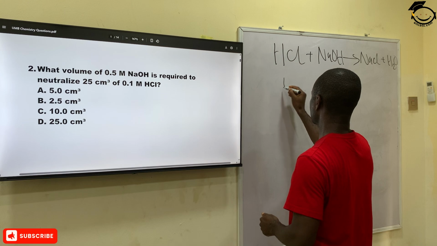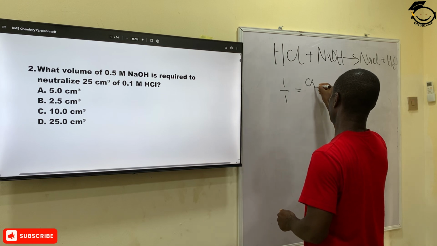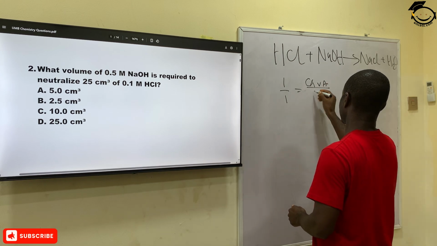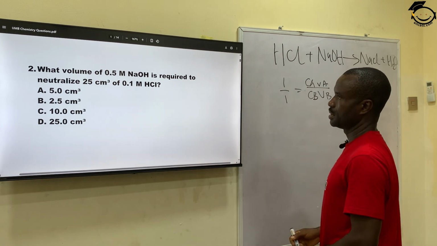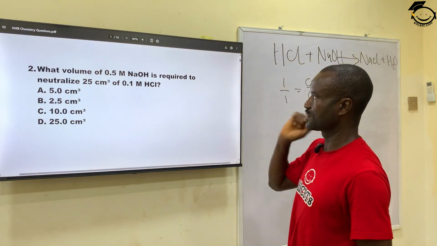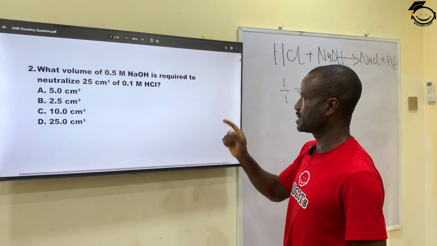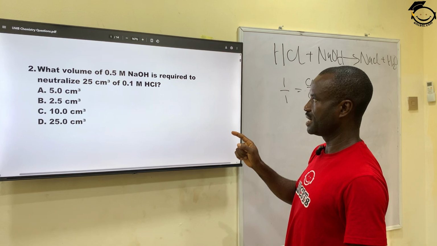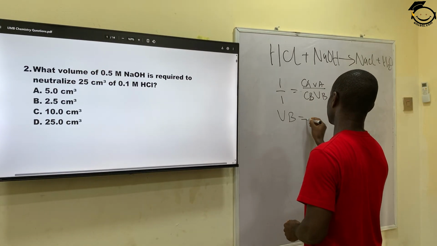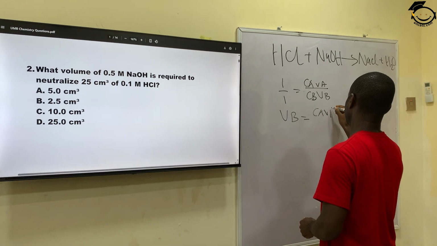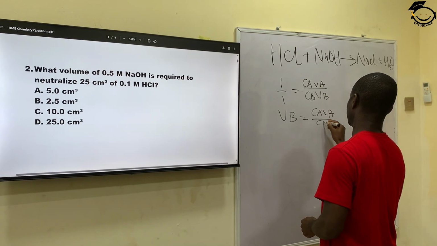So the mole ratio becomes 1/1, which equals CAVA over CBVB. That's the concentration of the acid, volume of the acid, concentration of the base, volume of the base. So having been given the concentration of the base, we are required to find the volume of the base. So VB as subject of the formula is CAVA over CB.